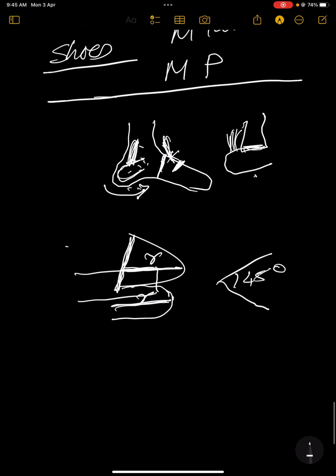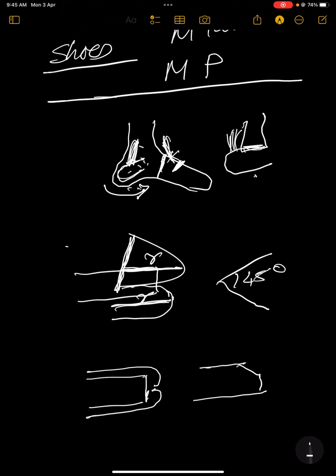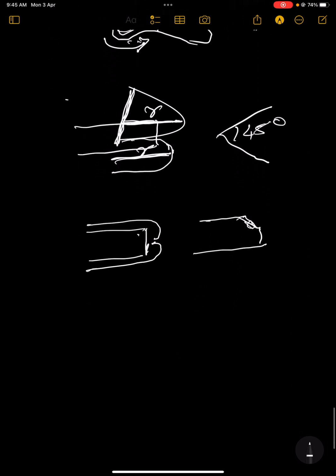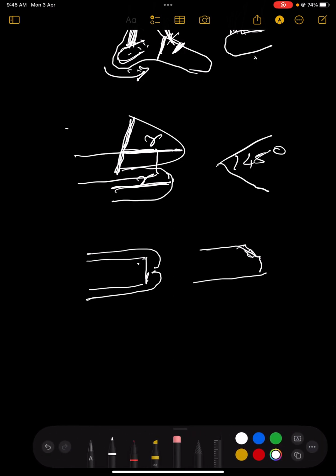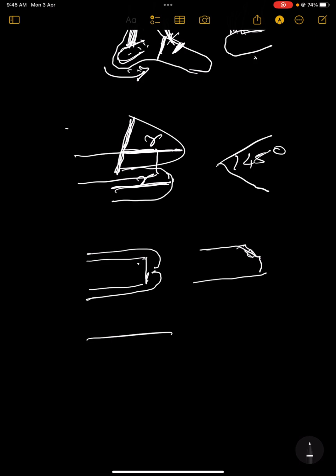Then I have told you that if this is the stump, the periosteum may be stitched like this. Or you have to do a beveling of the stump, especially if the angle is subcutaneous. The third thing you can do is what is called myoplasty, right?